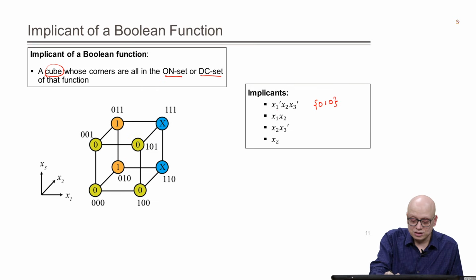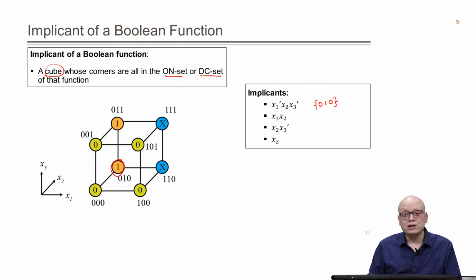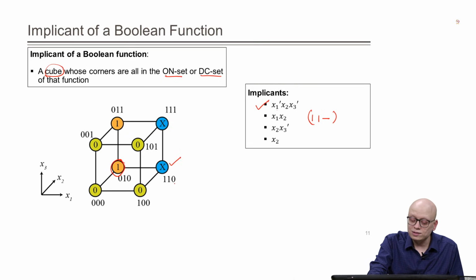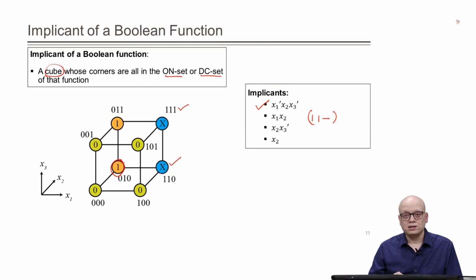We see that 010 is this corner, and the value is 1, so it is in the onset, and that is why this is an implicant. What about x1 x2? Now, x1 x2 means that x1 takes a value of 1, x2 takes a value of 1 and x3 can take any value, right. It represents this corner 110 and 111, and both are do not care, and therefore, it is an implicant.